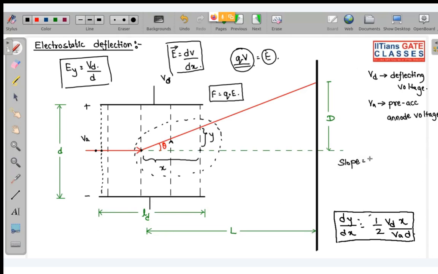And slope is tan theta, which is equal to half Vd into x by Va into d.